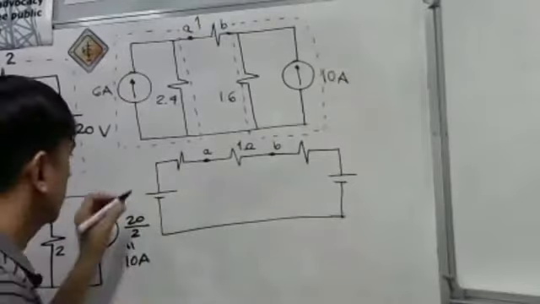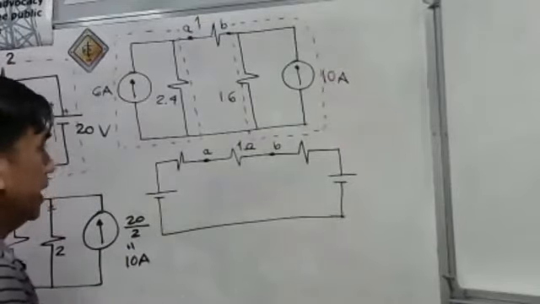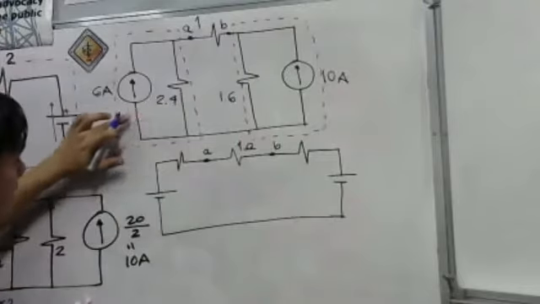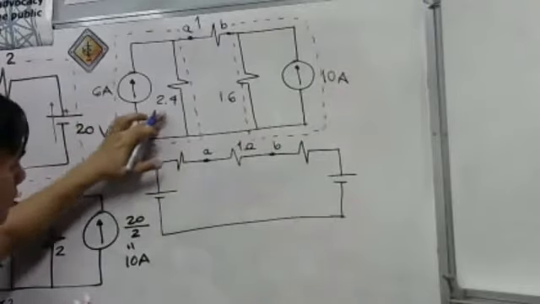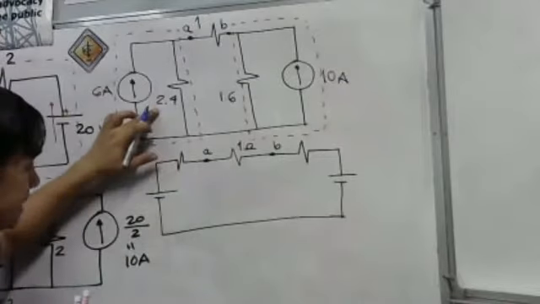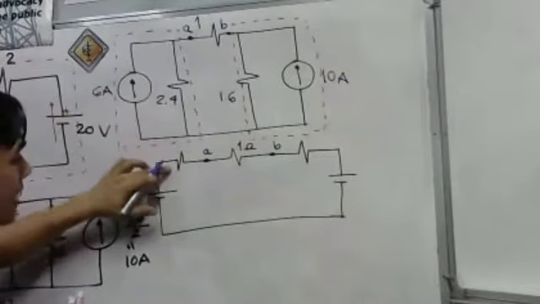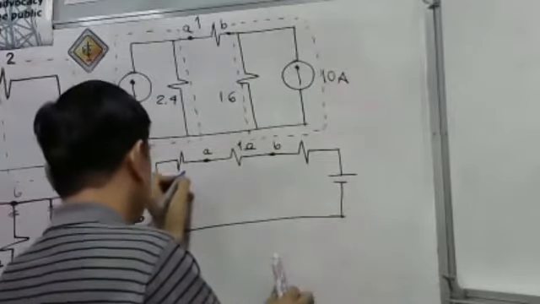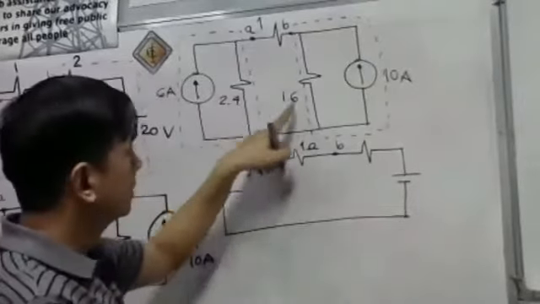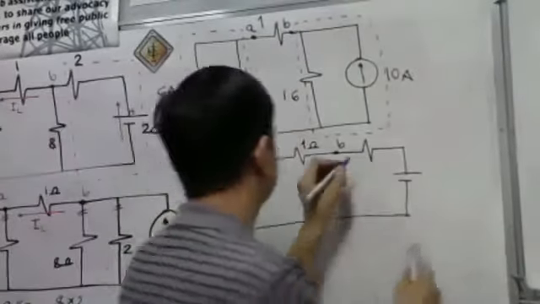Take a look here. We have the resistance of the Norton circuit. What is the value of this resistance? The Norton's resistance is simply equal to the Thevenin's resistance. So put here also 2.4. What about here? Just copy the 1.6.